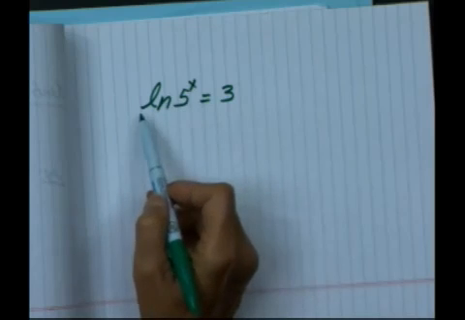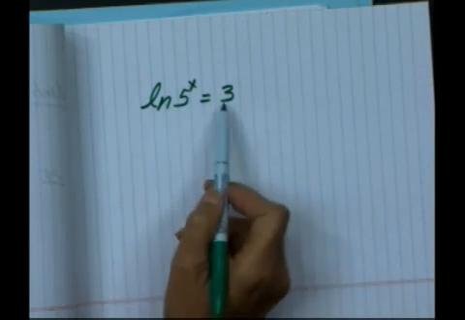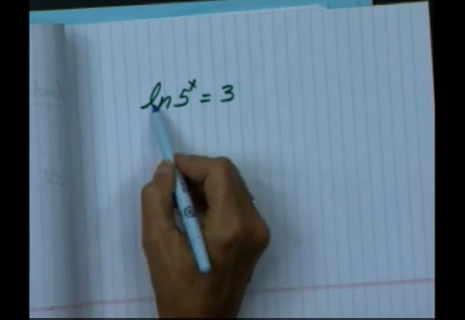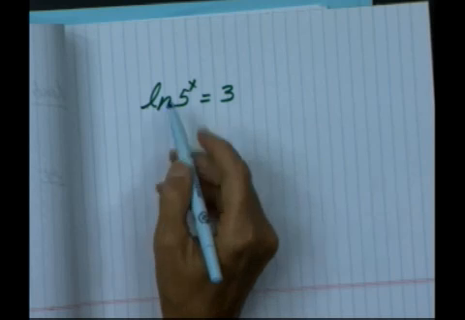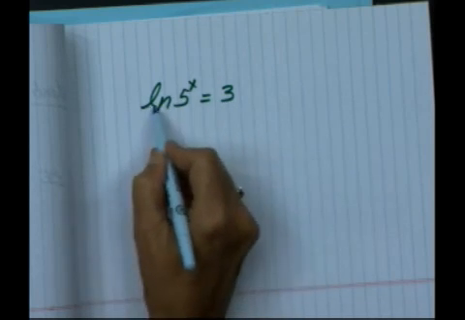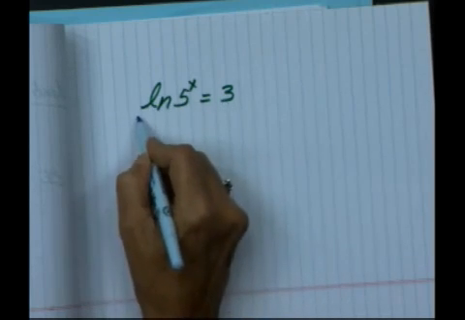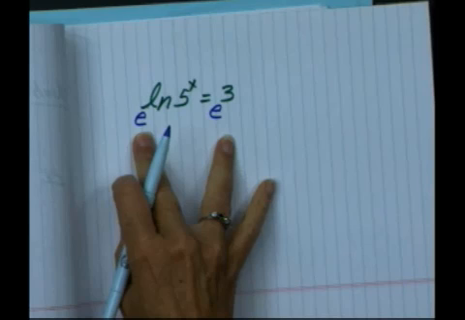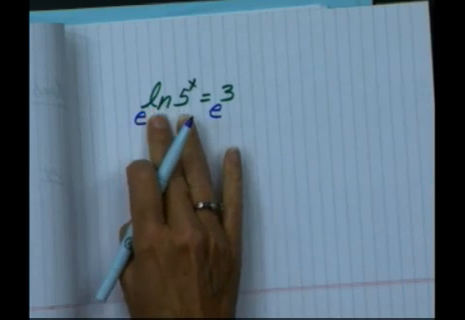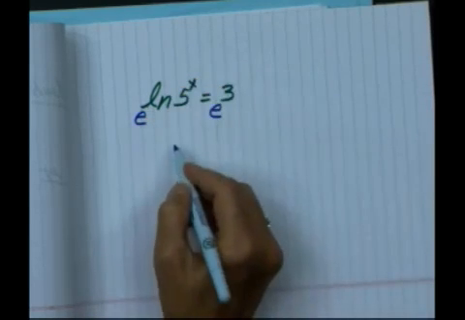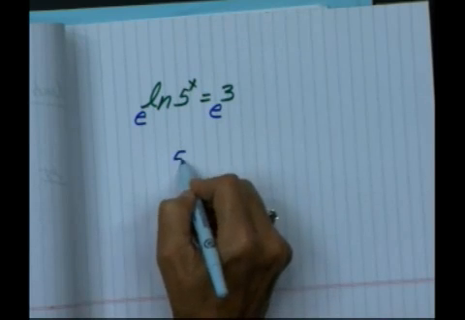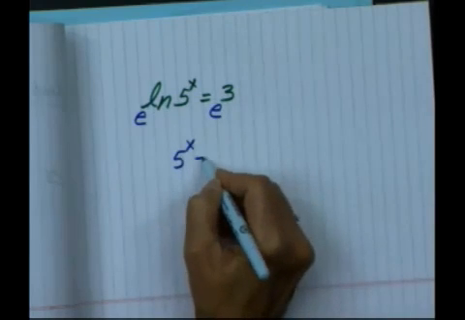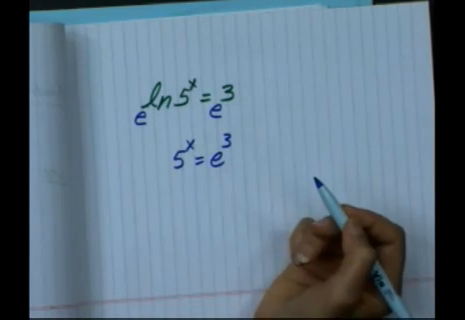Okay, if I wanted to for some reason, I could come under here. This is understood log to the base e. So I could let both sides of the equation become the exponent with a base e, because e raised to the natural log of 5 to the x is 5 to the x from your properties, and that is equal to e cubed.